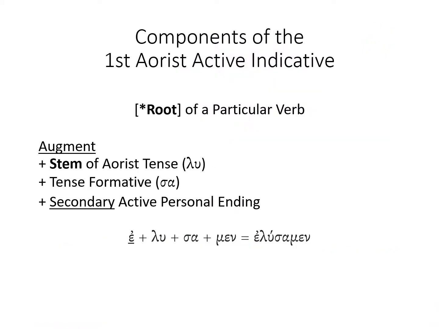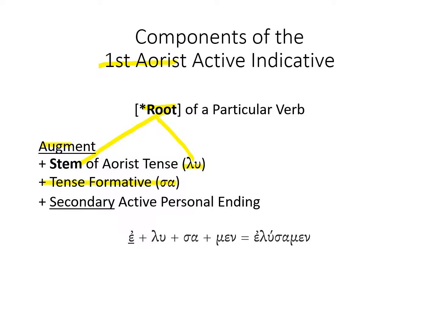So let's think about the first aorist active for a moment. We have here our root again and a stem, and with luo, there's consistency between root and stem, and that is what we have here. Our tense formative is the new term that we bring in with the first aorist. Instead of a connecting vowel, it has a tense formative.